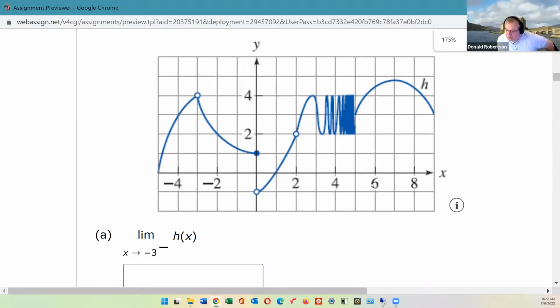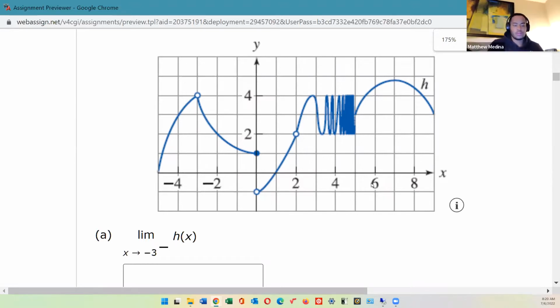So what would the overall limit as x tends to 2 be? 2. And what's the value of f of 2? Does not exist. I think we're getting faster, right? So that means we're getting more comfortable. Left limit, right limit, overall limit, and the value of the function. Those are the typical things you're going to be asked.